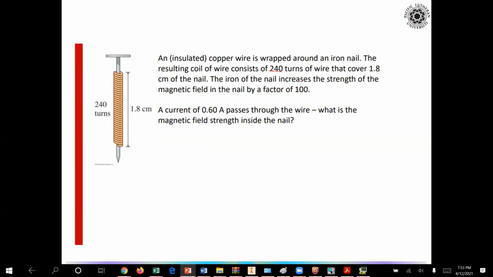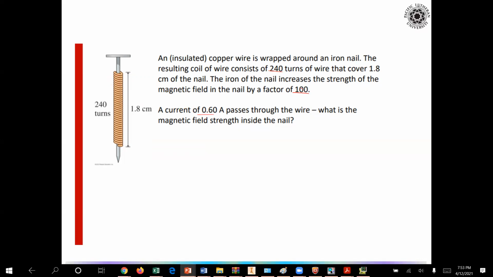The iron nail increases the strength of the magnetic field by a factor of 100. The wire is energized using a battery, giving us a current of 0.6 amps.